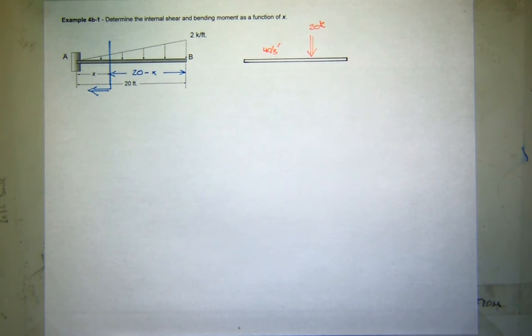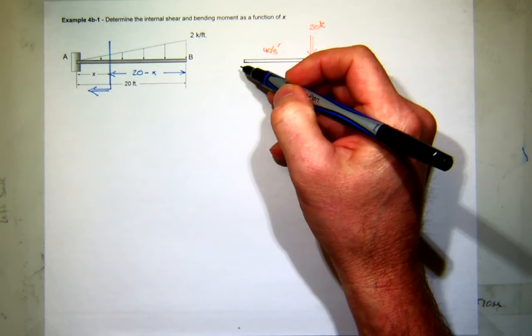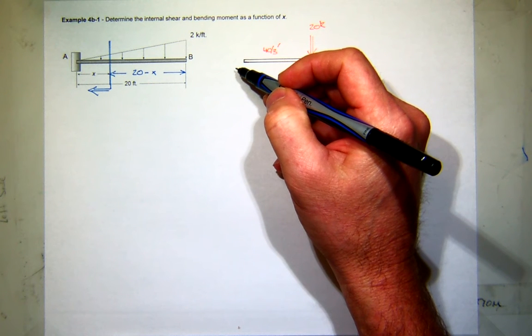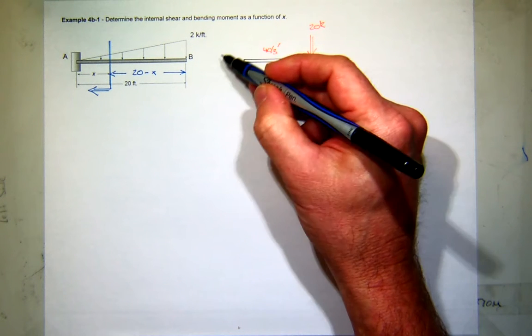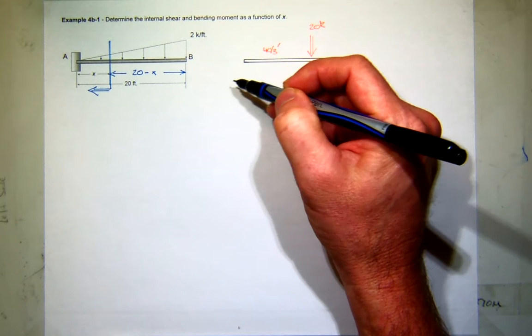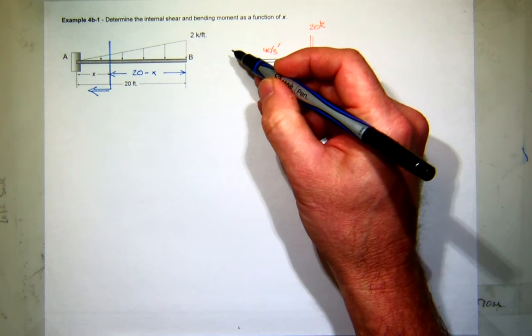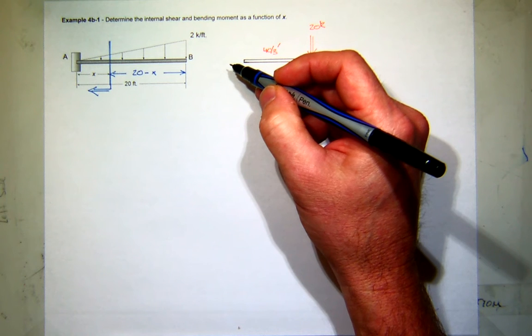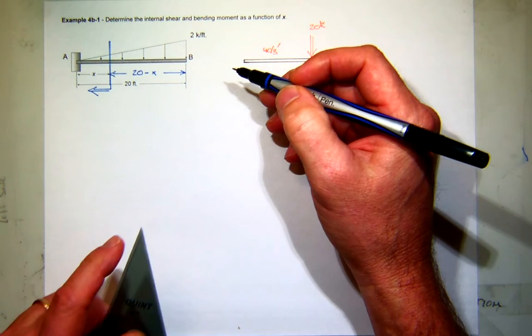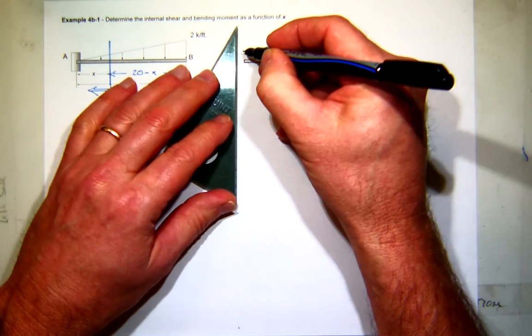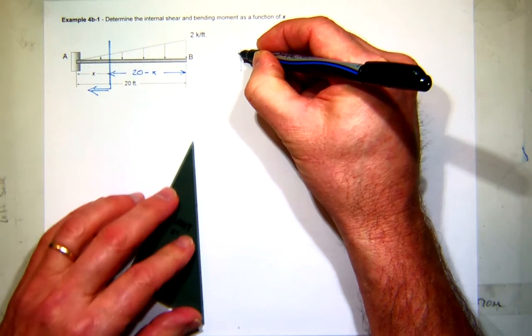And then what I'm going to do is I'm going to come over to A. Now, since I'm writing equations for shear force and bending moment, I want to draw the positive values for shear force and bending moment. Shear force on this left edge, positive, is it up or down? It's up.